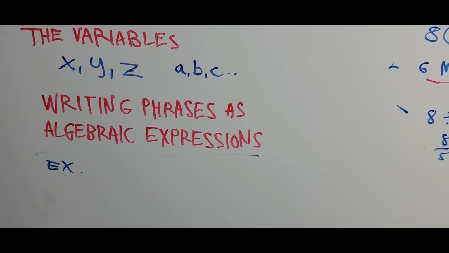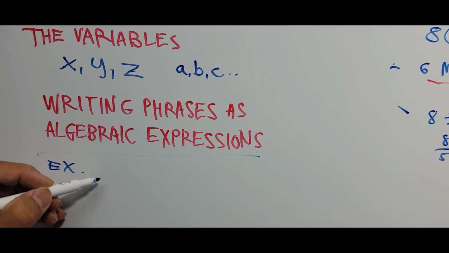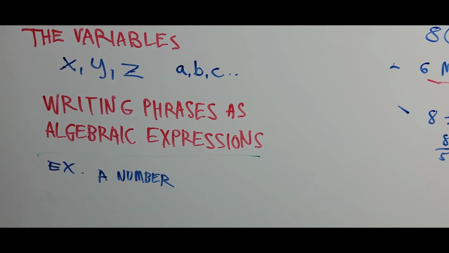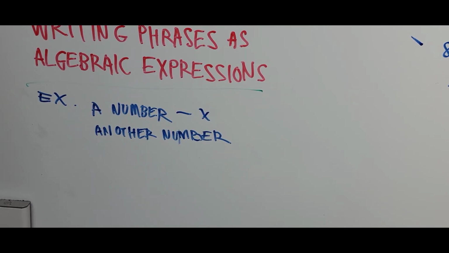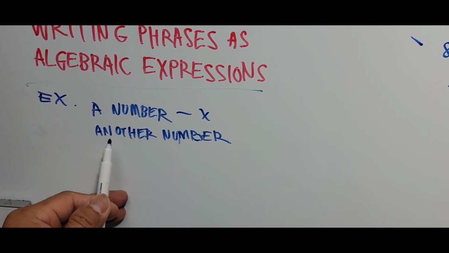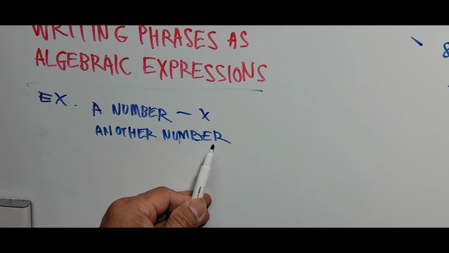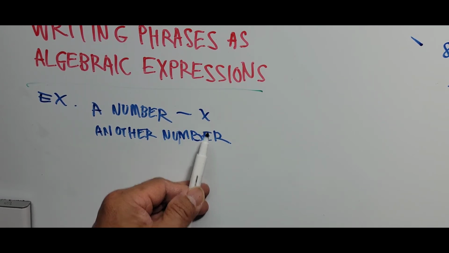Let's say a number. When you say a number, that represents a variable. So it can be X or it can be Y or Z. And if the same sentence or another sentence next to that says another number, that signifies another variable.